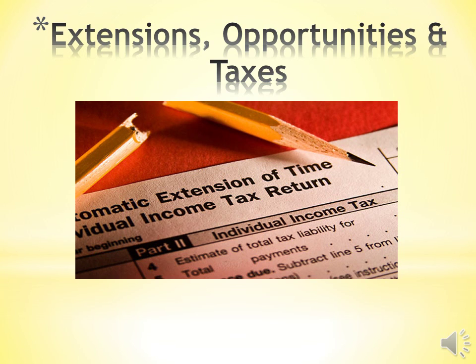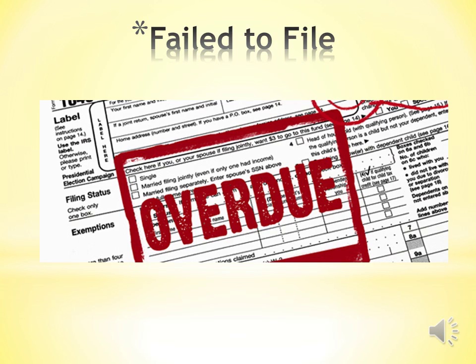And don't forget about a spousal IRA. If you file a joint return, you and your spouse can make an IRA contribution even if only one of you has taxable compensation. So just keep that in mind when you're getting ready to do the extensions. Again, this is for the opportunities and the taxes as well.